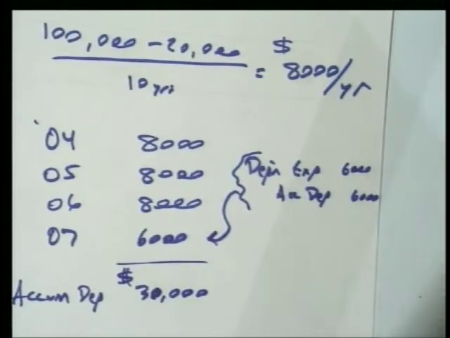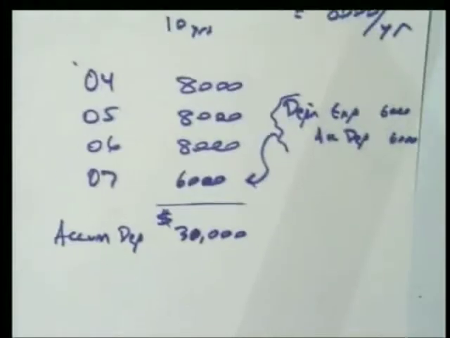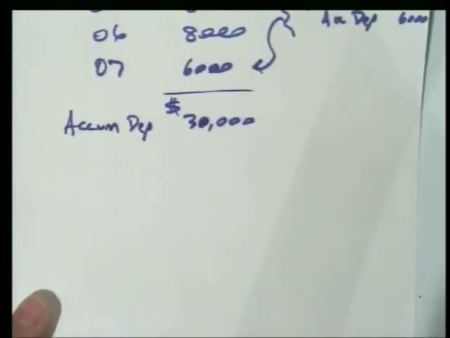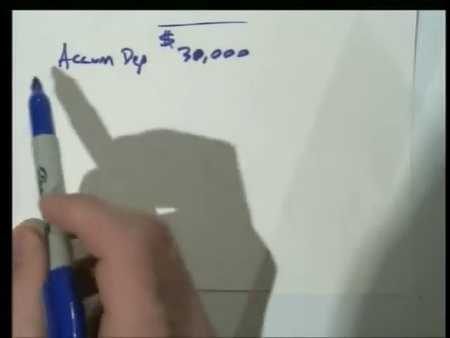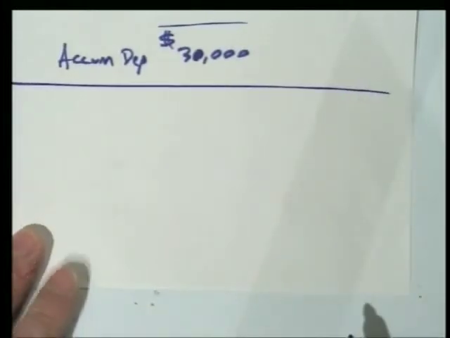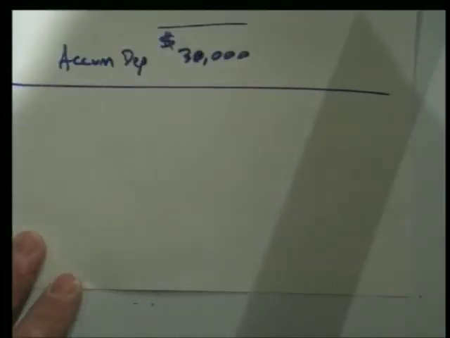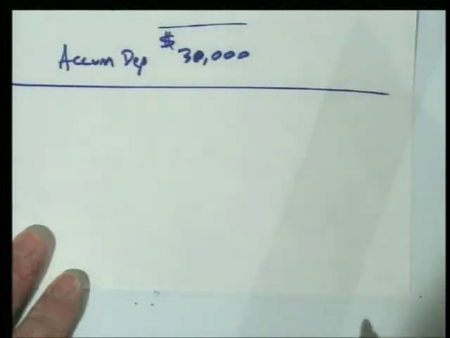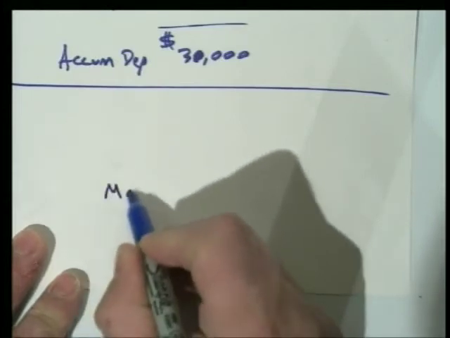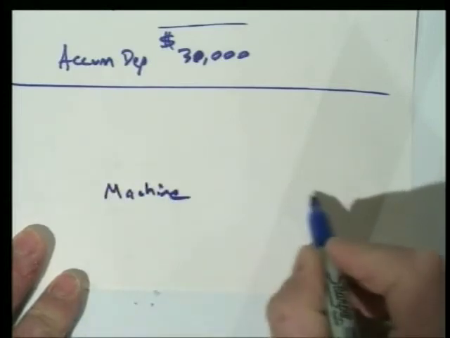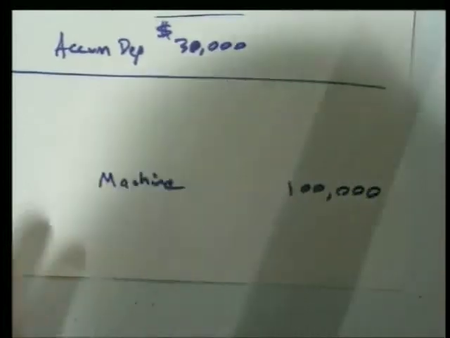Okay, now let's continue on with the steps in disposing of this asset. Okay? Let's build this journal entry. What was the next step in disposing of an asset? Take the asset off the books, right? What was the asset's original cost? $100,000. So we are going to credit machine for $100,000.